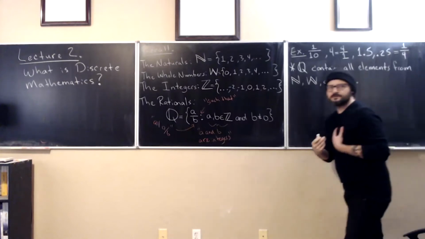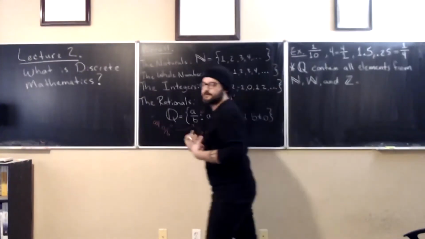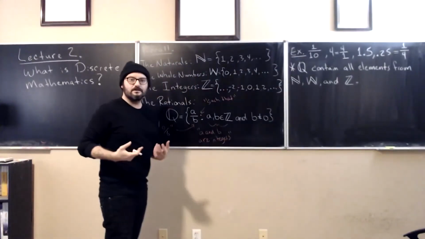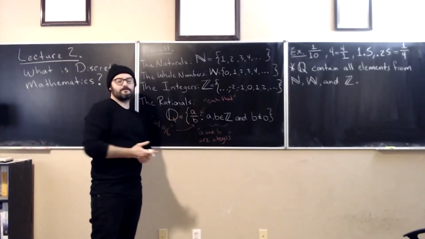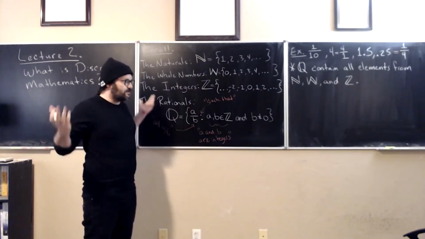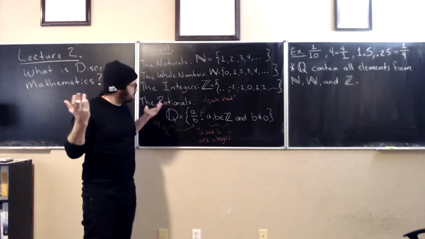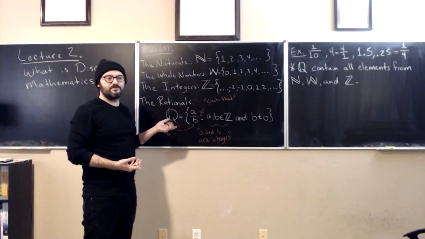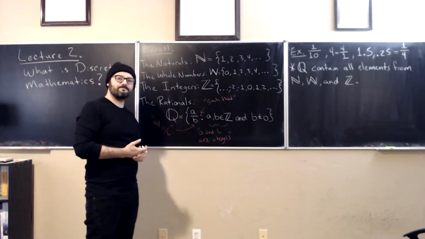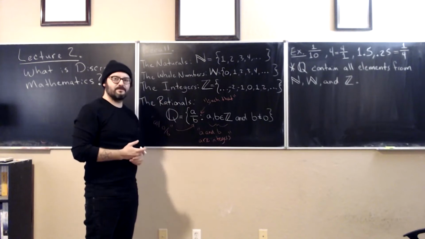All sorts of decimal expansions we can express as a ratio of integers, which means they have to be in there. So what else could there be? I would have no idea how to find something that did not live in this set.